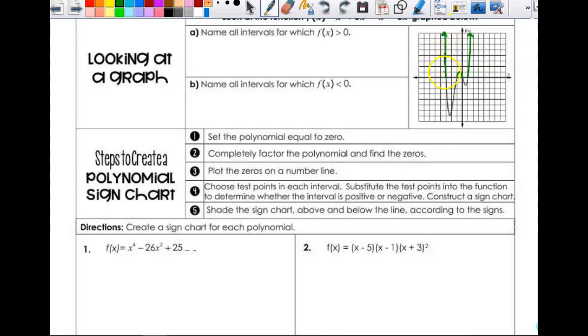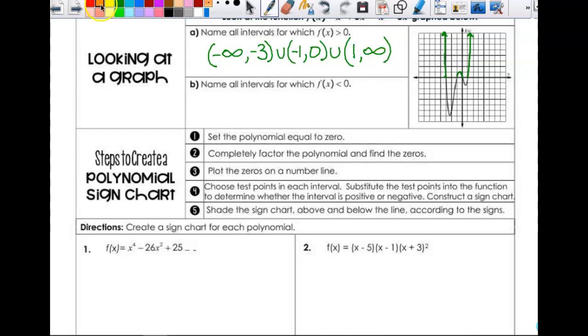So my function is positive, my y values are positive, starting out here when x is at negative infinity. And then I move along the x-axis until I get to here, and that's negative 3. So from negative infinity to negative 3, the function's positive. I don't include either one of them because remember it's not greater than or equal to 0, it's just greater than. I start back over here at negative 1 and go to 0. And then I start back over here again at 1. And then the function's positive until x gets to infinity. Everybody okay with that? That makes sense?